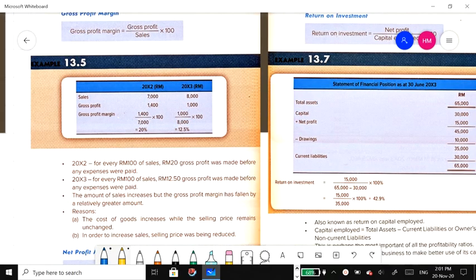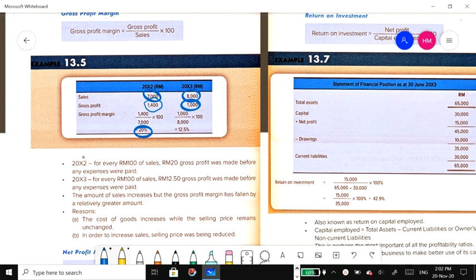So kalau based on the example, gross profit margin equal to gross profit divided with sales times with 100. So you akan dapat 20% untuk 20X2. Whereas untuk 20X3, again you akan ambil gross profit 1000 divided by 800 and times with 100. So you will get 12.5%.